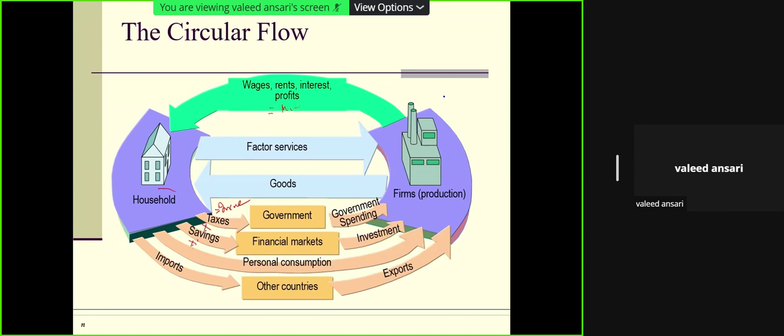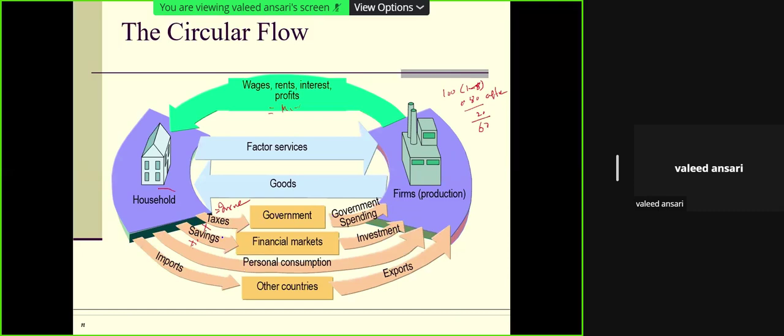For example, income is 100, tax is 20%, so 1 minus 0.2 is 0.8, so 80 rupees will be available after taxes, and let us say 20 rupees is saved after it. So all these make up the income.